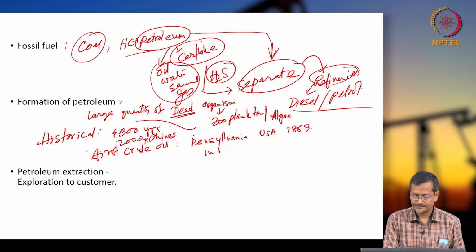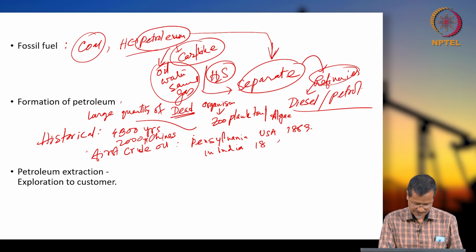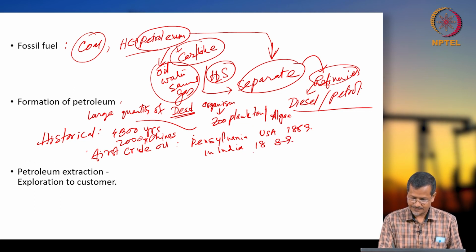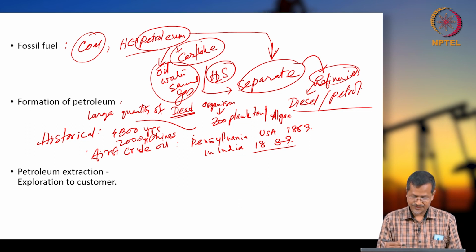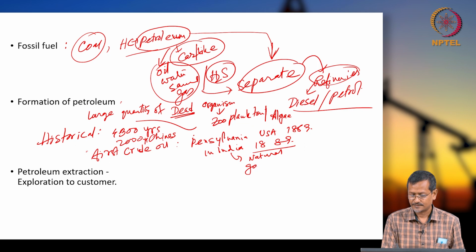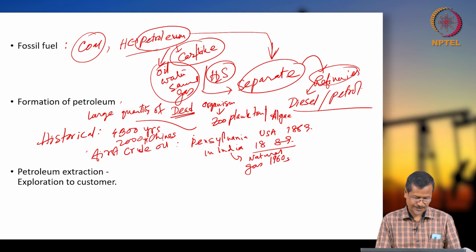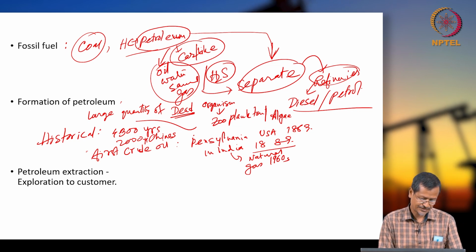In India it came in 1889. Okay. The natural gas industry in India started in the 1960s.